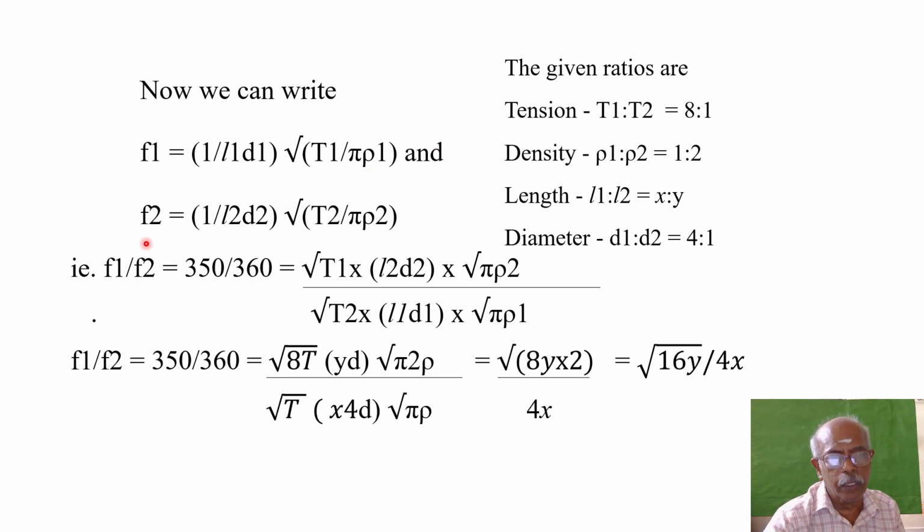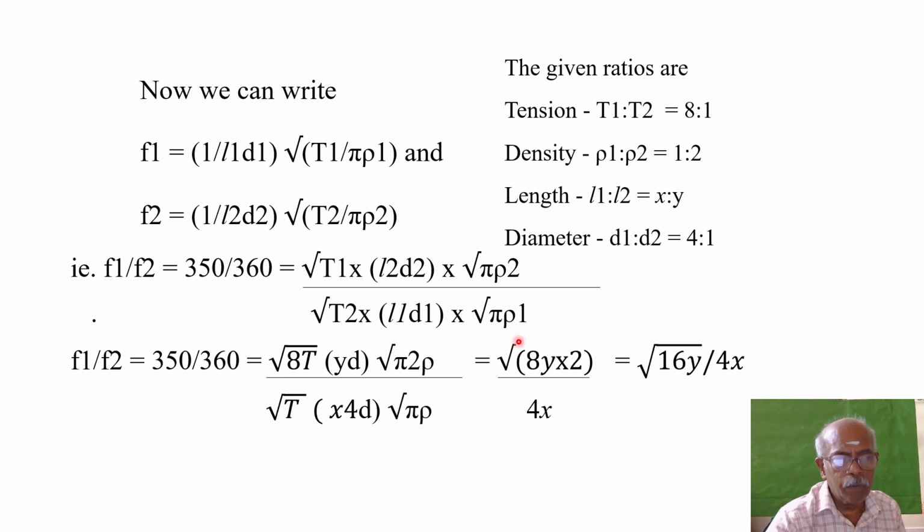Similarly, F2 is equal to 1 by, for the second wire, length L2, diameter D2, square root of tension T2 by pi rho 2. So F1 by F2 is equal to 350 by 360, which is 1 by L1 D1 into square root of T1 divided by root of pi rho 1.